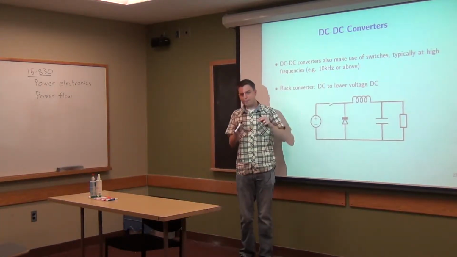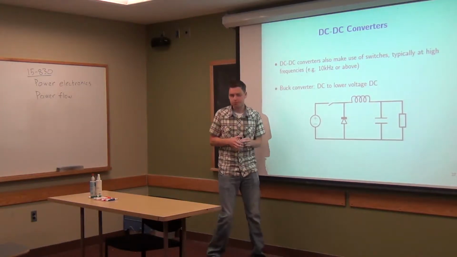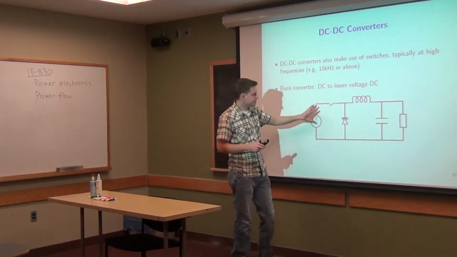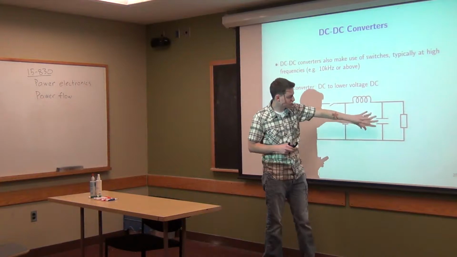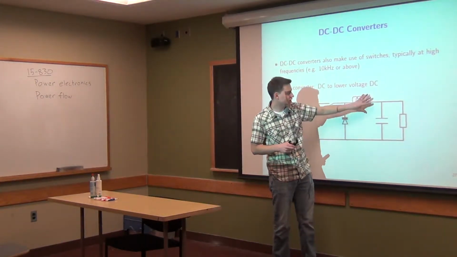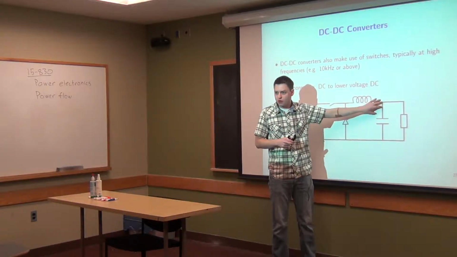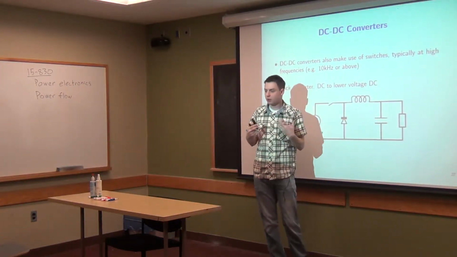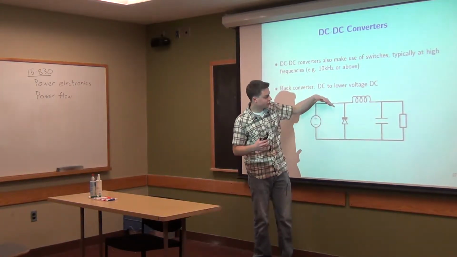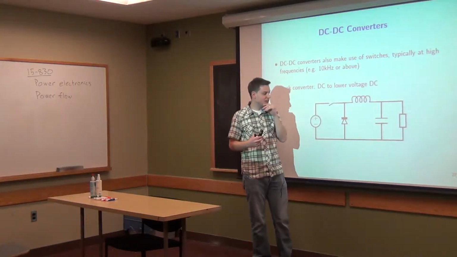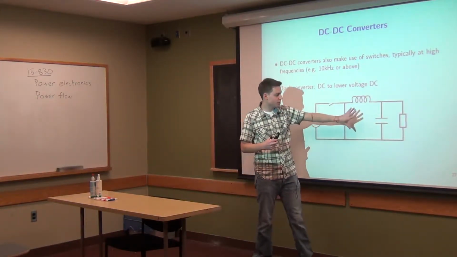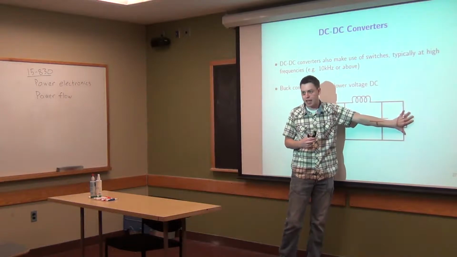So what happens when you're switching very fast here is kind of interesting. When it's closed, charge builds up in the capacitor. The inductor resists things changing. Intuitively, you reach an equilibrium state here. If this is opening and closing constantly, you reach an equilibrium where this isn't going to have as high a voltage as 10.